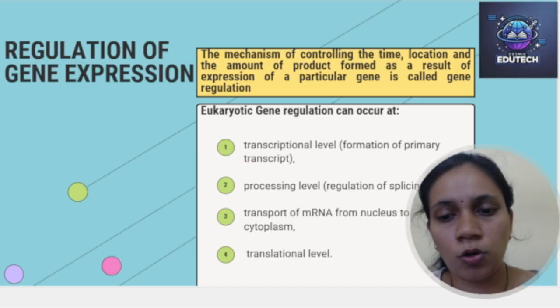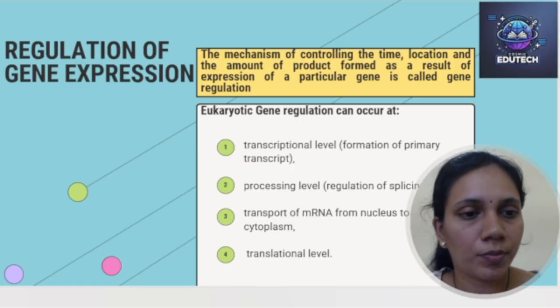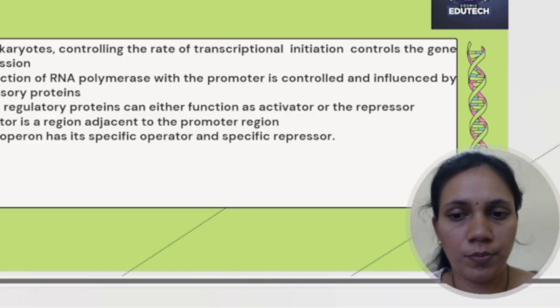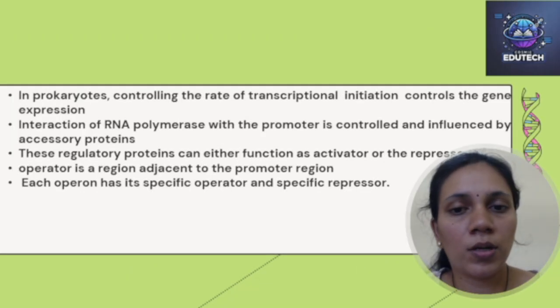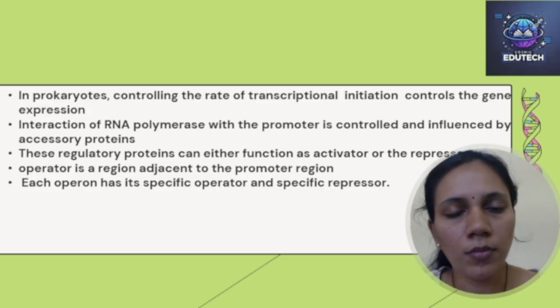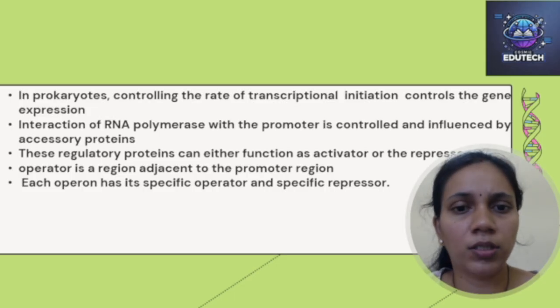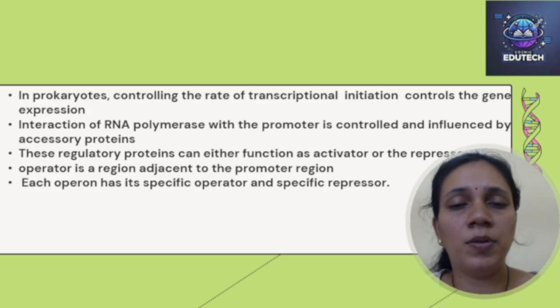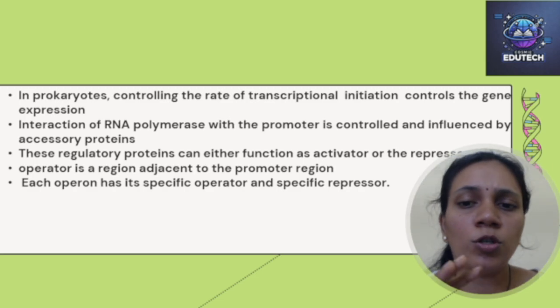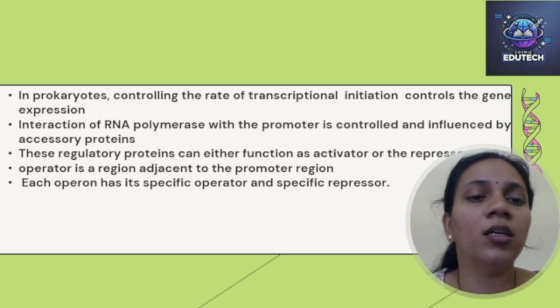Fine. Then we have gene regulation in the prokaryotes. This is a small topic here. In prokaryotes, like bacteria, cyanobacteria, or any other prokaryotes, their genetic makeup is naked, lying in the cytoplasm. They do not have defined regions. Genetic material in most of the prokaryotes is composed of a single chromosome.